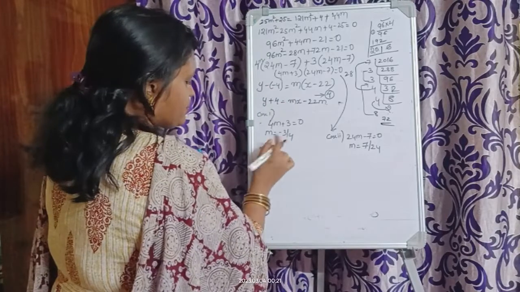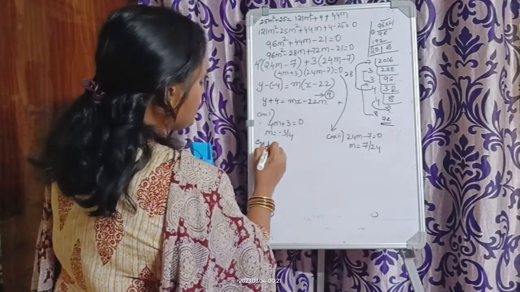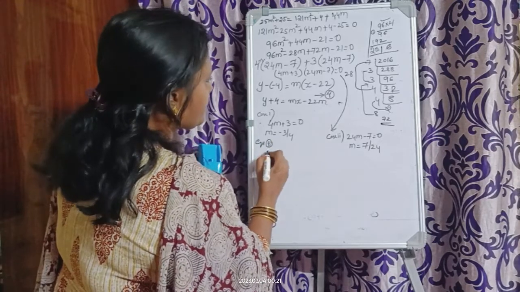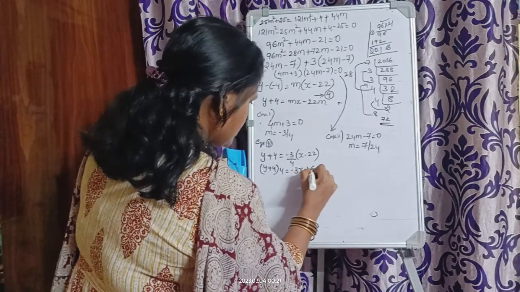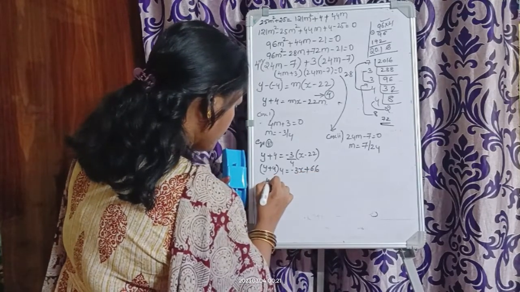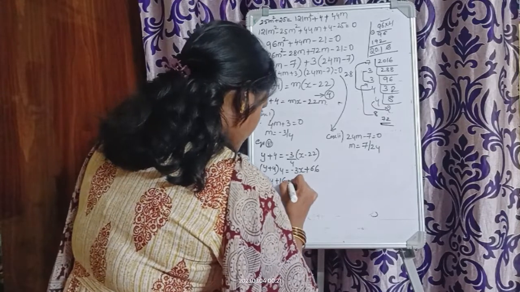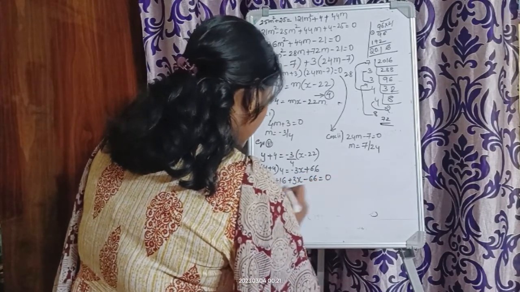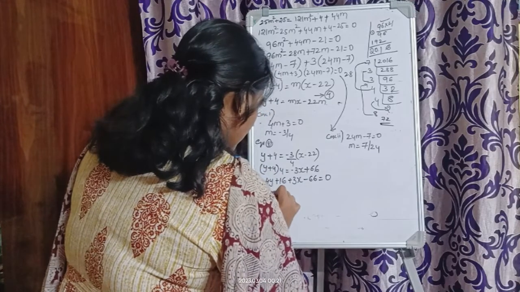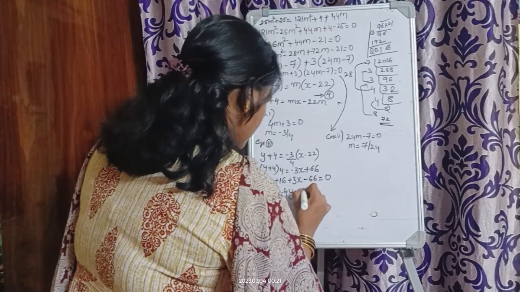Now substituting these m values in equation 4, we get y minus 4 is equal to minus 3 by 4 into x minus 22, which gives 4y minus 16 plus 3x minus 66 is equal to 0, or it is 3x plus 4y minus 82.